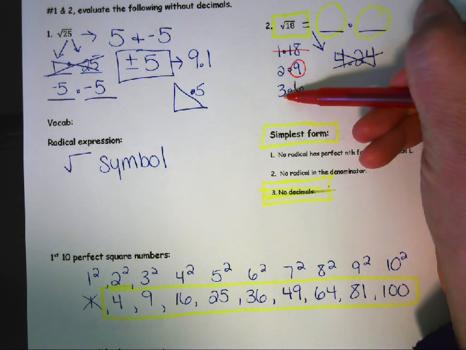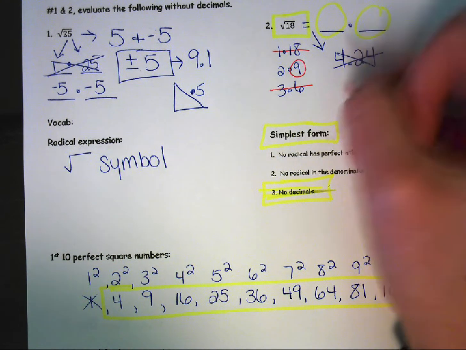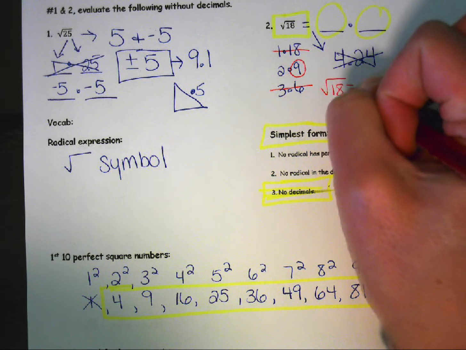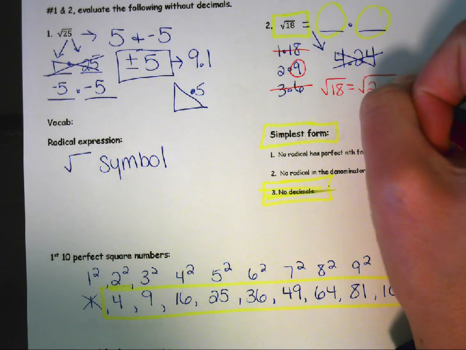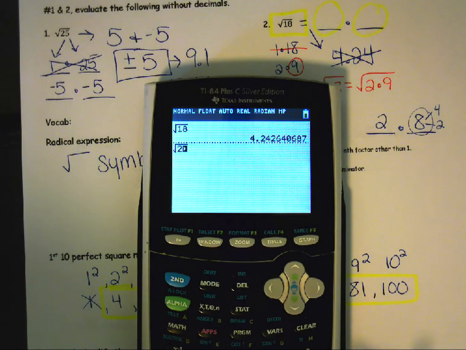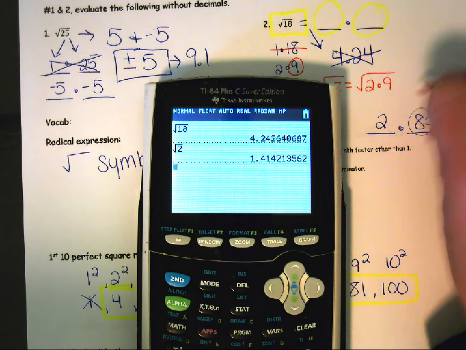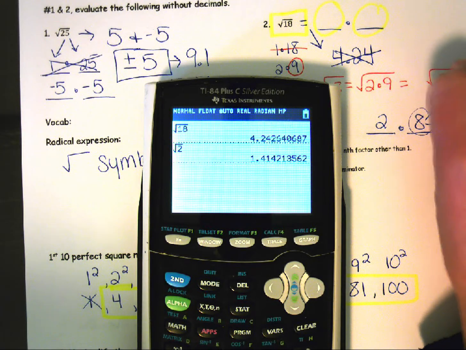Notice the 3 or 6, neither one is perfect. So we want to think of the square root of 18 as really the square root of 2 times 9. Now, the square root of 2 is pretty ugly. It's what we call irrational. So we're just going to leave the square root of 2 alone. We're just not going to touch it.